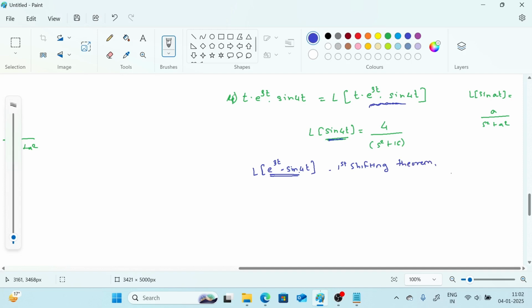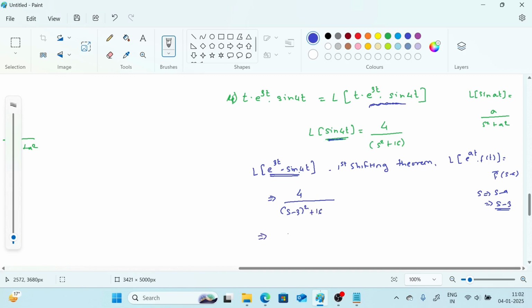And what is the first shifting theorem? Laplace of e raised to at f of t will be f bar of s minus a, right? So by applying the first shifting theorem, I will directly write the term 4 upon, wherever s is, I have to write s minus a, and s minus a will be s minus 3, right? So 4 upon (s minus 3) bracket square plus 16.